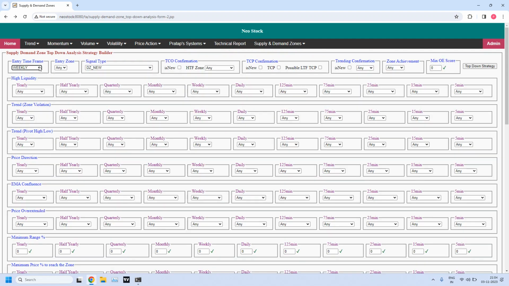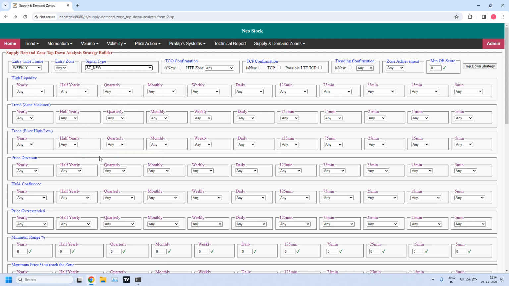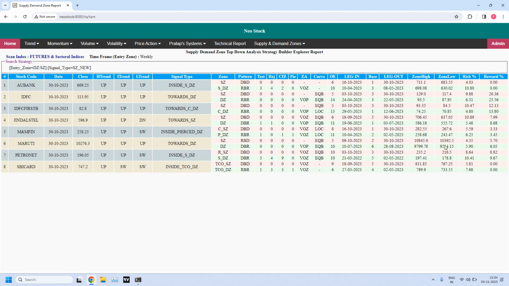For entry time frame weekly, let us find the newly created weekly supply zones. So these 8 stocks are having newly created supply zones. So this is about the filtered list.